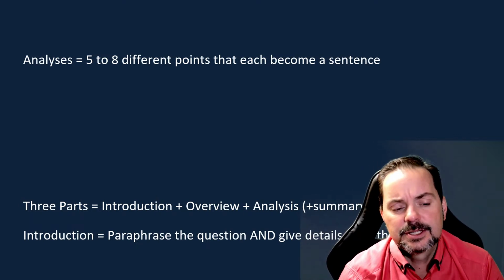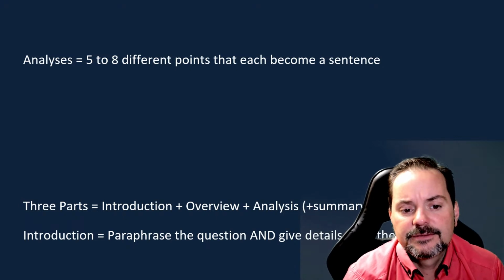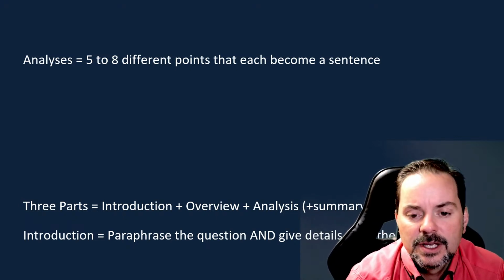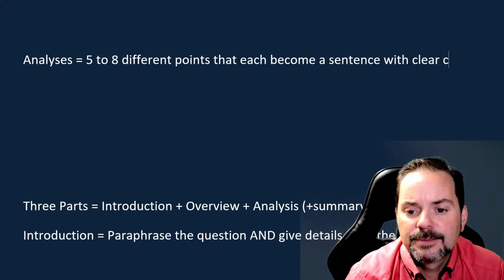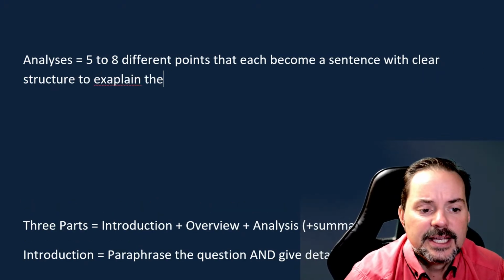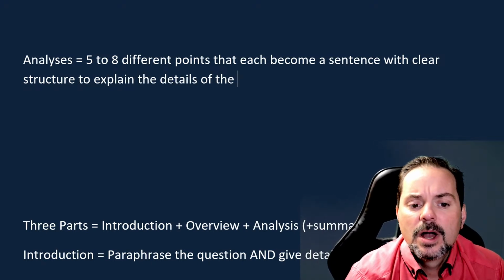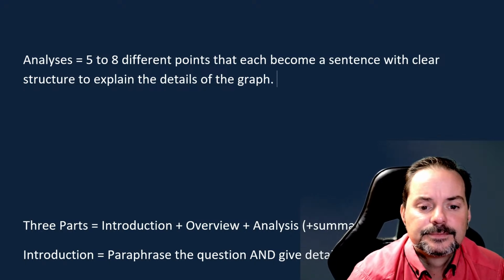Sometimes they're combined, sometimes 2 points will be one sentence, but it's roughly 5 to 8 different points that each become a sentence with clear structure to explain the details of the graph. Okay?